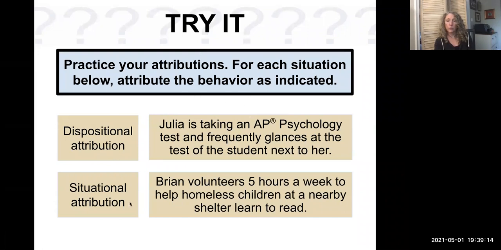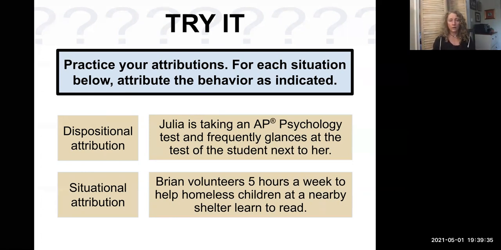All right, what it's actually asking you to do is, for each situation, attribute the behavior. So if Julia is taking an AP test and frequently glances at the test of the student next to her, if it's a disposition, you would explain it that maybe she is selfish, or that she is extremely competitive and overachieving, and so she will do whatever it takes to get the answers.